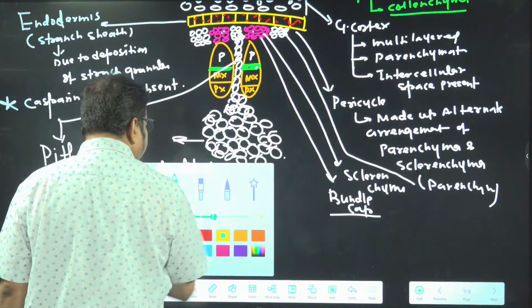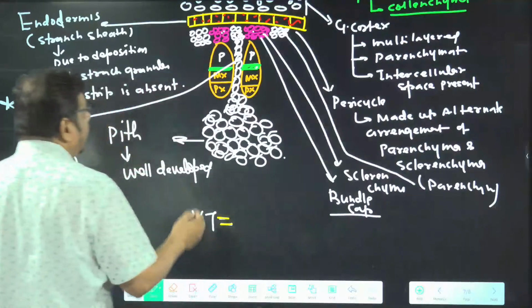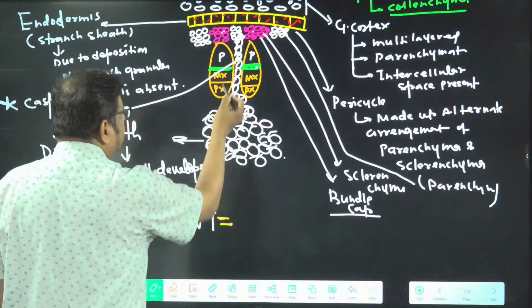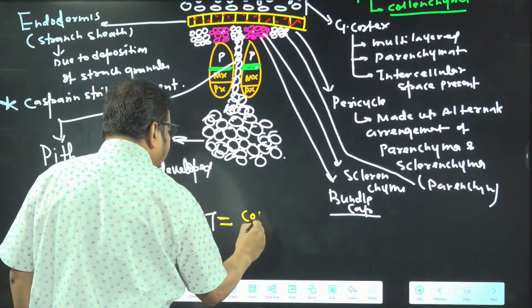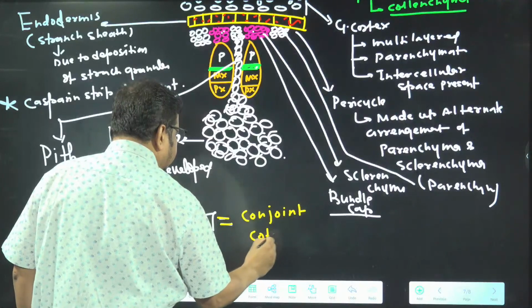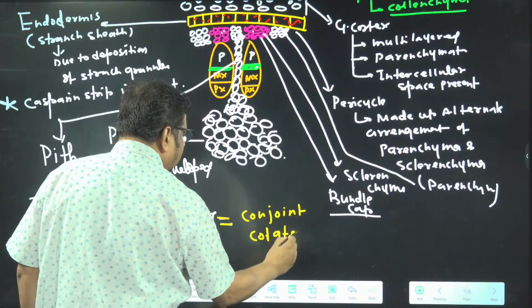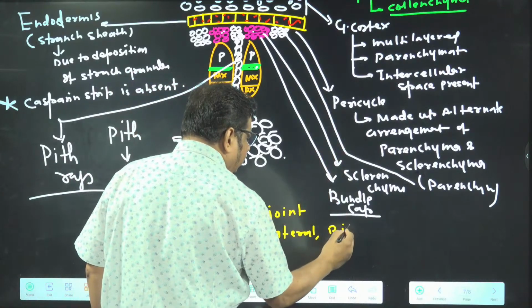Don't come in a hurry; hurry always gives bad things. So what happened here? Vascular tissue is conjoint, collateral, or in the case of some cucurbits, maybe bicollateral.